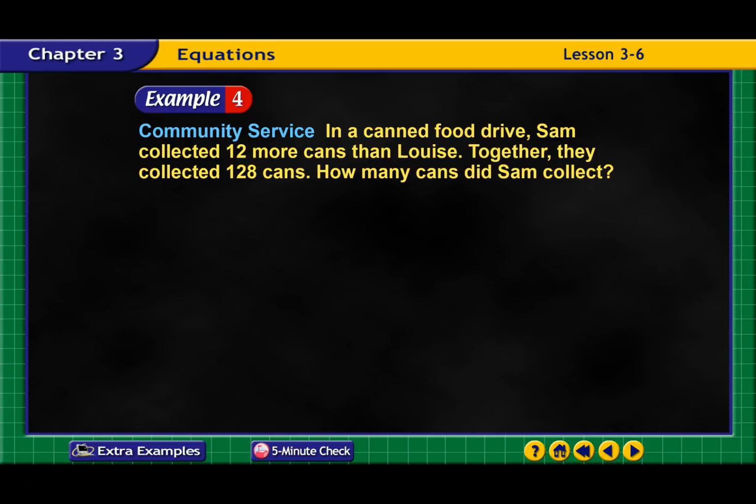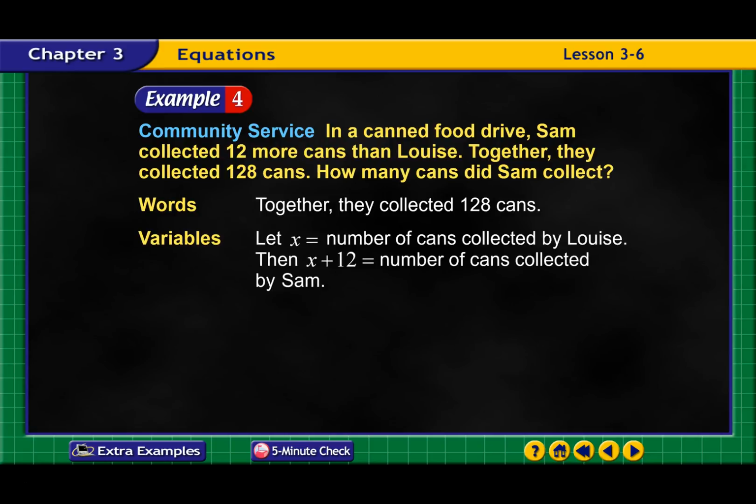All right, in a canned food drive, Sam collected 12 more cans than Luis. Together, they collected 128 cans. How many cans did Sam collect? Okay, so together, they collected 128 cans. I'd say that's the total. So we're going to let x be the number of cans. Sam collected 12 more cans than Luis.